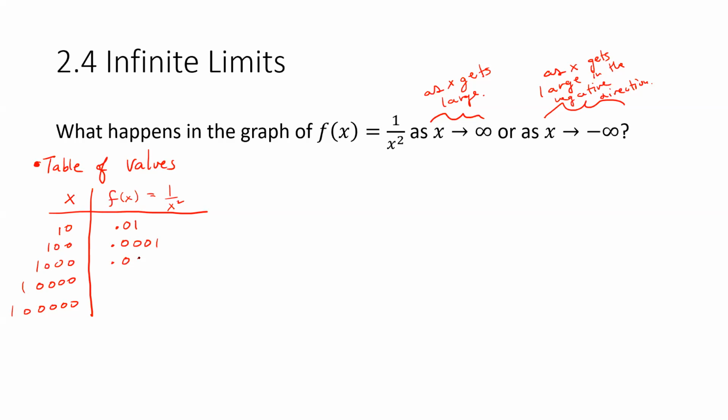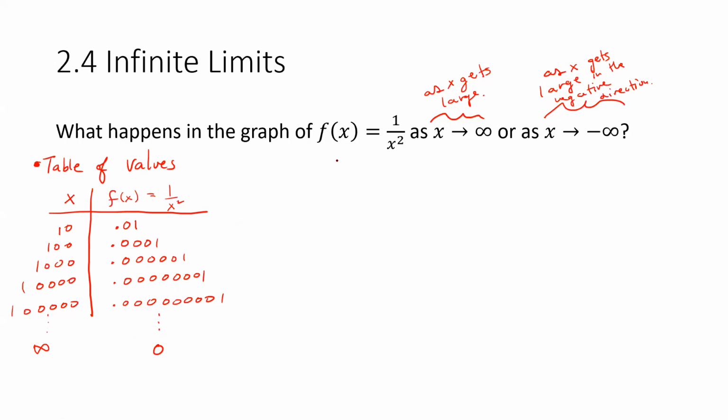So these values look like they get smaller and smaller, getting closer and closer to 0 with each bigger value of x. So here as x goes to infinity, it looks like the function values are getting closer to 0.